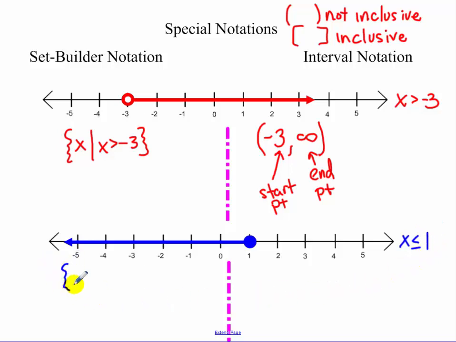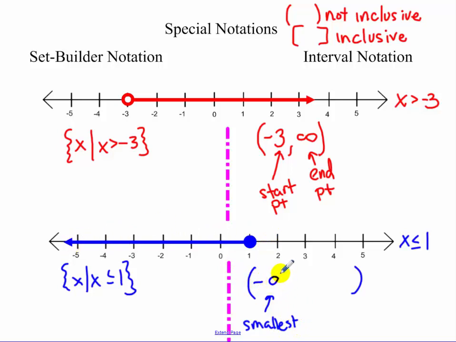So again, our set builder notation is easy: x such that x is less than or equal to 1. Now, interval notation. I think about it as a start point or the smallest value. What's the smallest value that's part of this solution?